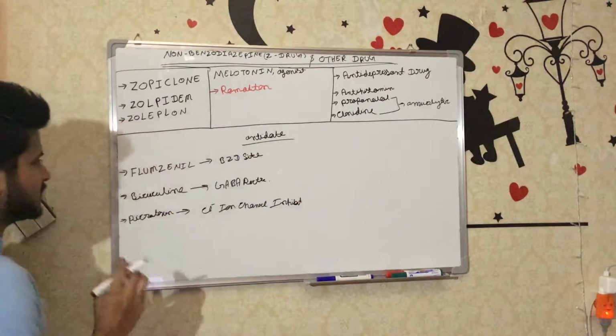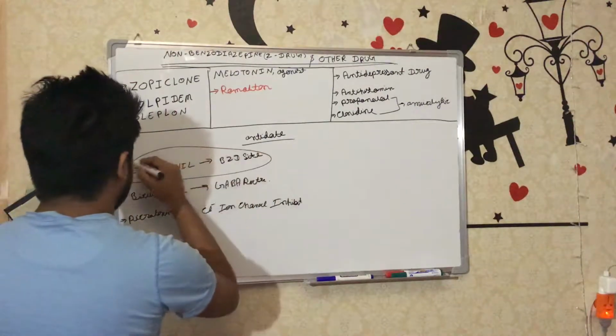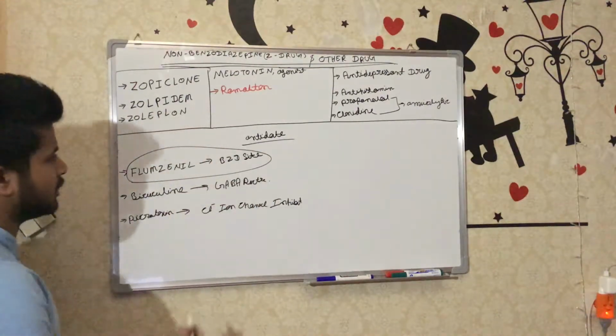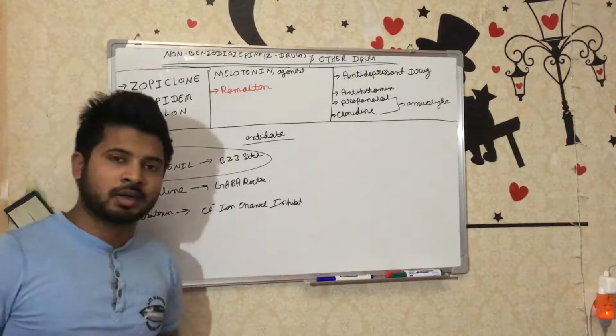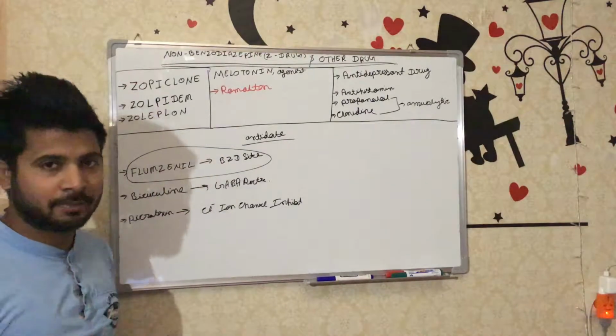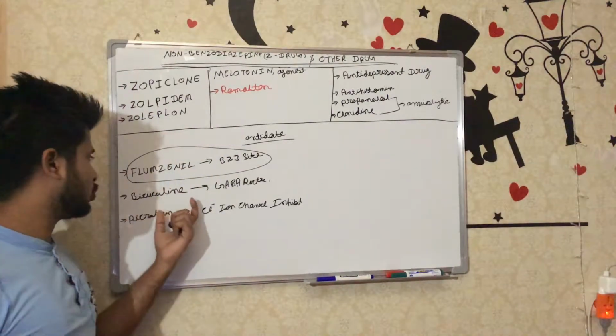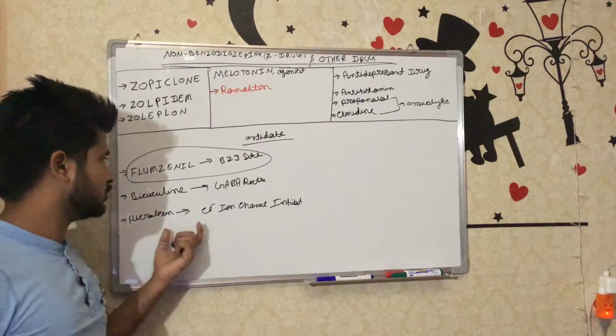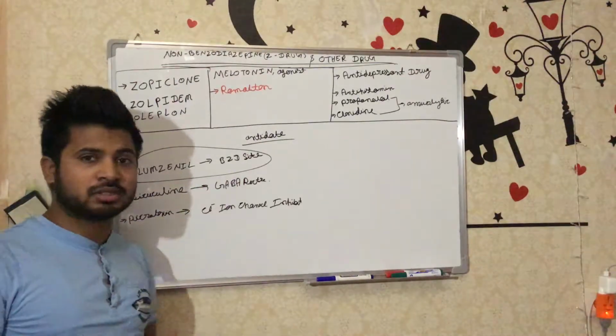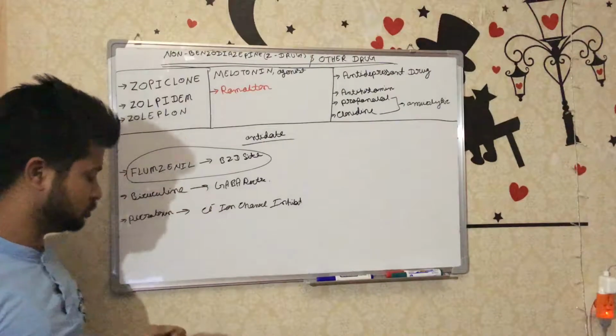So the specific antidote that we can use during barbiturate poisoning and benzodiazepine poisoning is flumazenil. Other drugs like bicuculline and picrotoxin can be used when we don't have any other options.